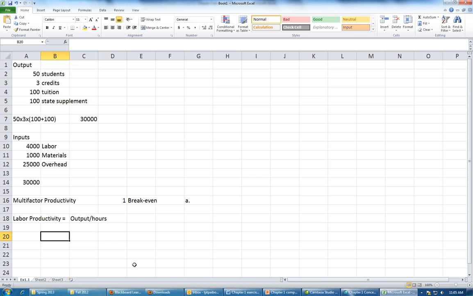Output we already knew from part A: the output is 30,000.